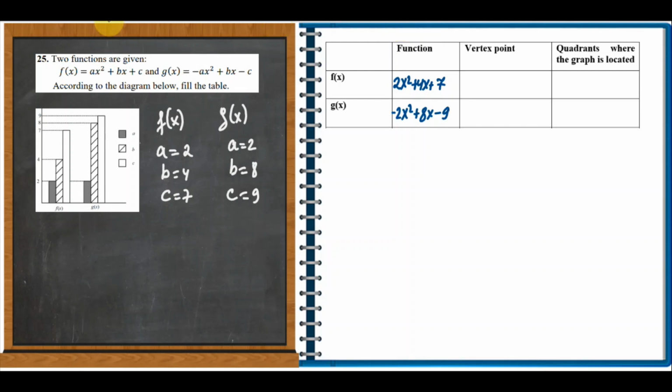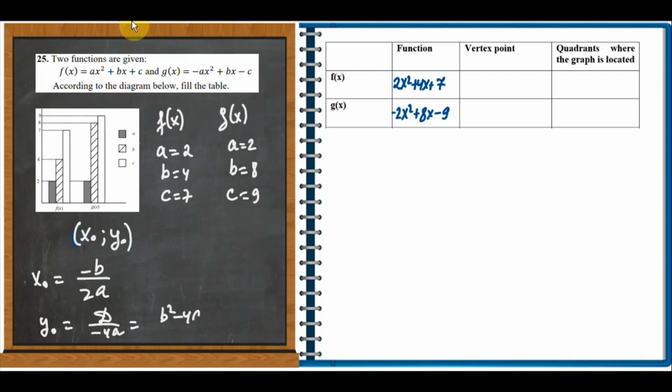Now, how to find vertex points? First of all, let's say x0, y0 is the vertex coordinates of the graph of the parabola. How to find x0? It's negative b over 2a. Y0 is the discriminant over negative 4a, or we can write b squared minus 4ac over negative 4a.